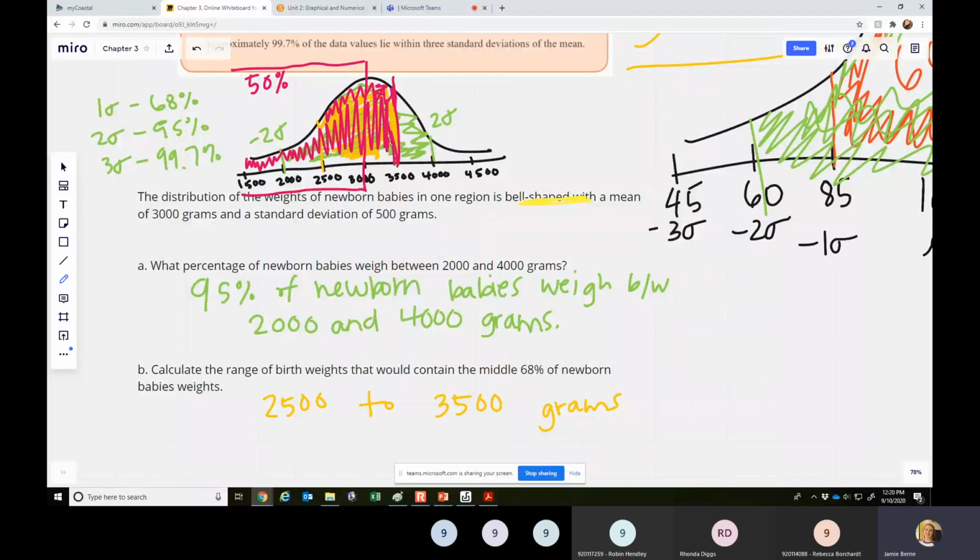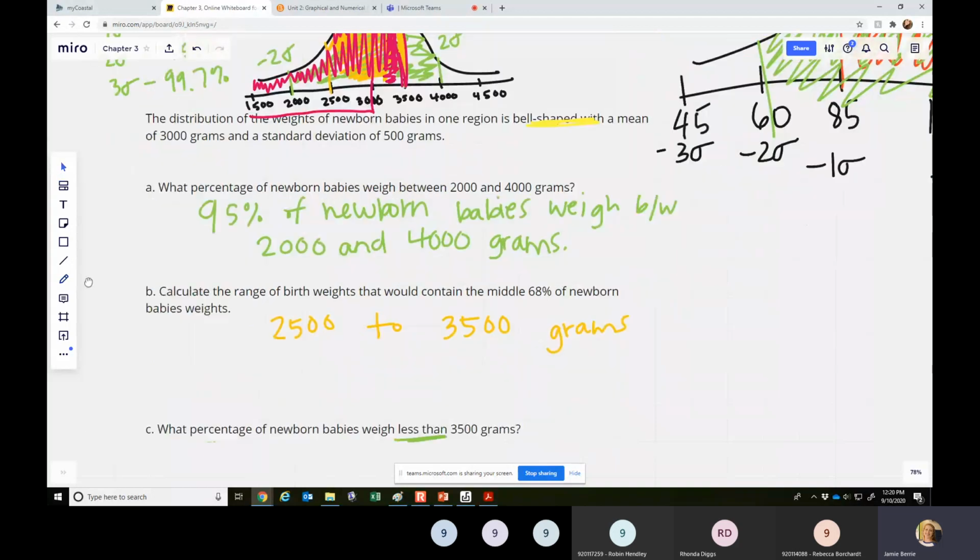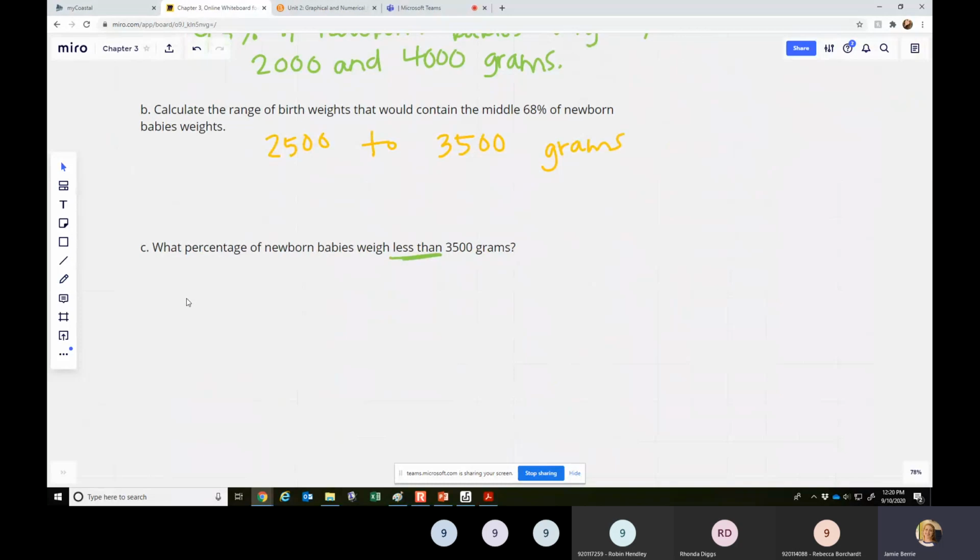You can see the only part that's left over is just this little side part over here. So let's scroll down, and we know that part of it is 50%, and then plus, we're going to have to figure out what the other part is. I'm going to draw another bell curve, since that one up there is getting a little bit messy.